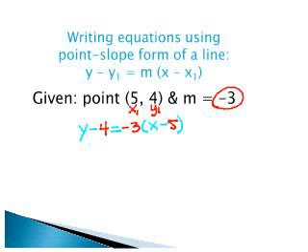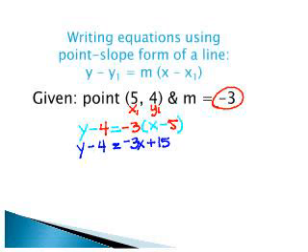And then we just need to simplify. So we have y minus 4 is equal to, and we're going to distribute the -3, so we have -3x plus 15.